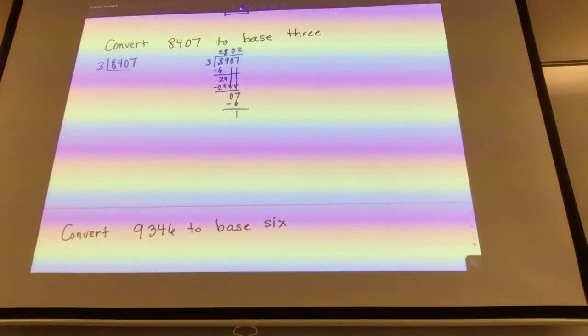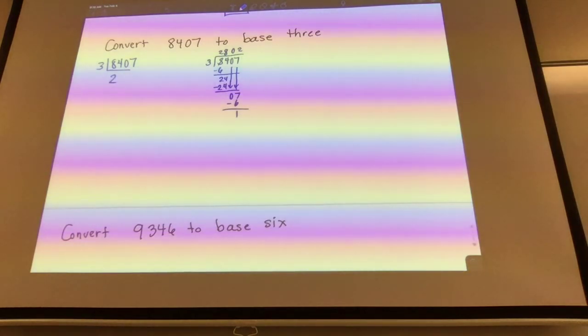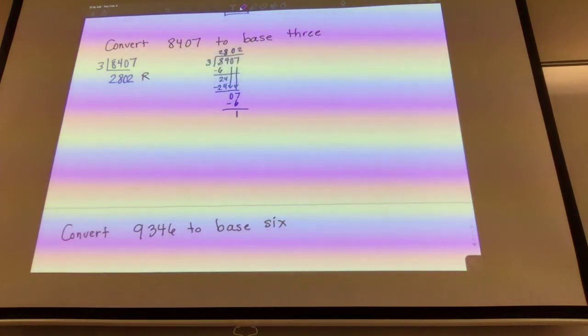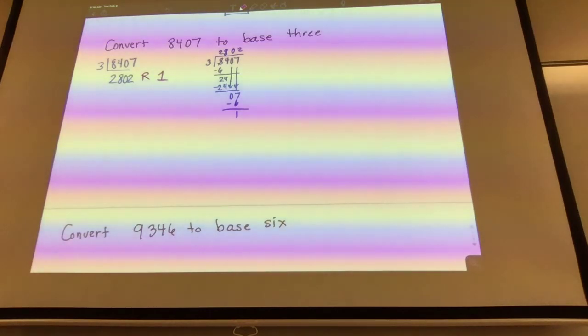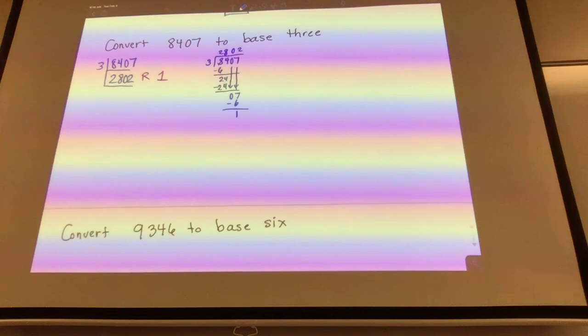All right, we divide that. What is our remainder? What we got there was 2,802 with a remainder of 1. Okay. Now we're going to divide that number by 3.